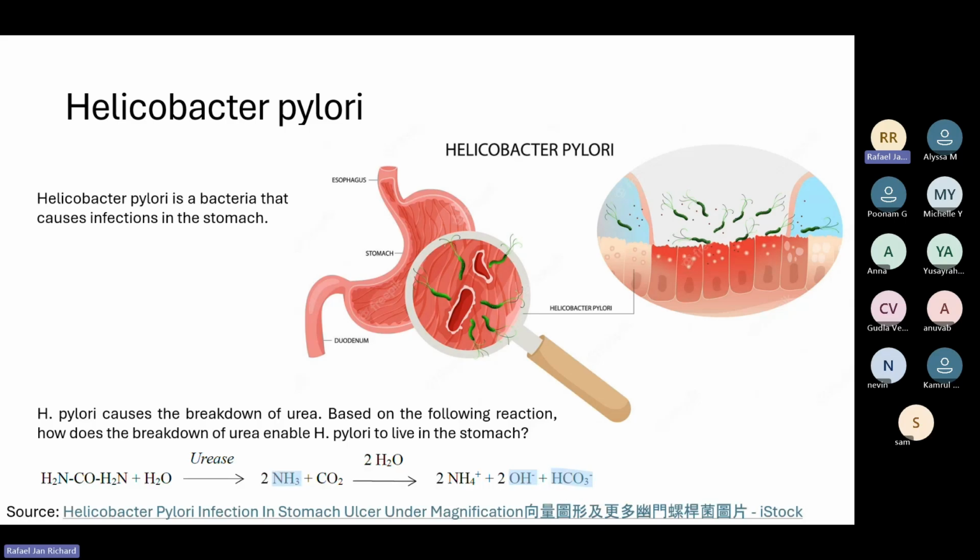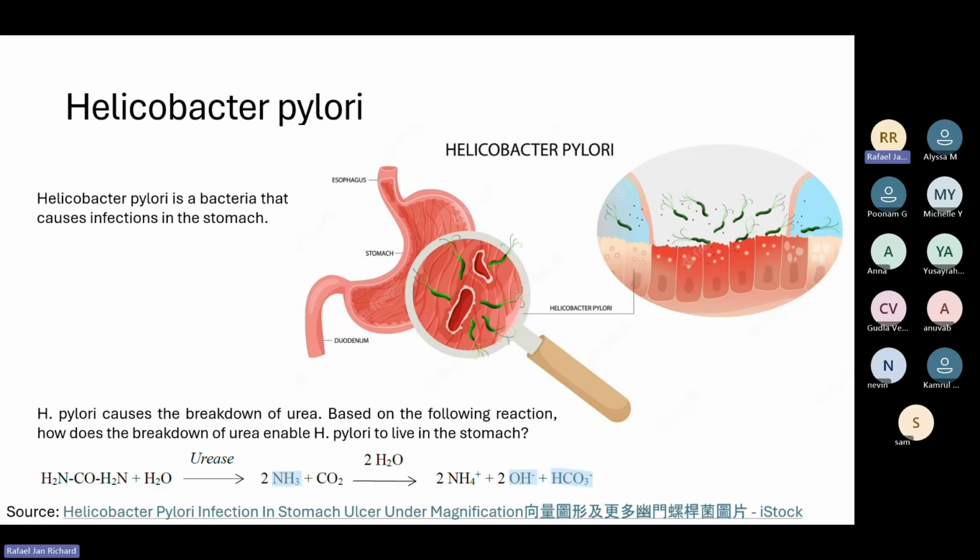But H. pylori uses a reaction with the enzyme urease, which basically breaks down urea to ammonium, and as you can see here, the HCO3 minus, OH minus, and NH3 are all basic molecules with a high pH.